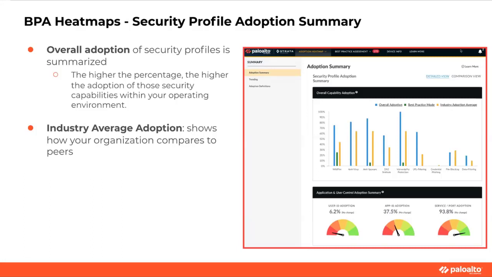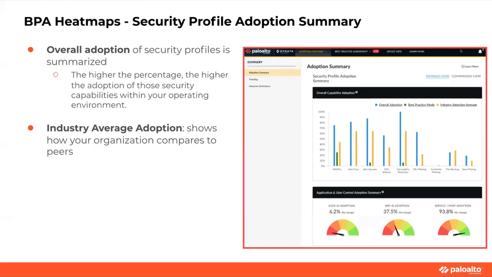The adoption summary view provides an overview of the overall adoption of security capabilities and features for your device. It's shown as a percentage of enabled allow rules using a valid security profile. Several summary charts are provided.